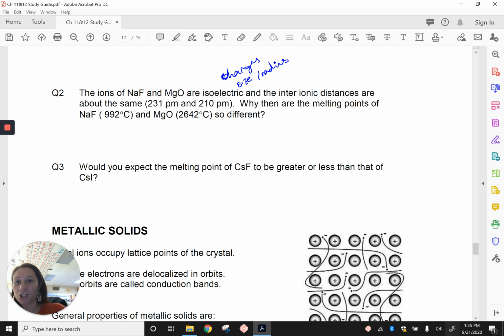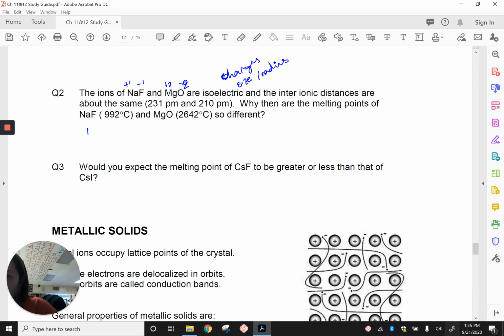So in this case, they're telling us that their inter-ionic distance, so that basically is the bond length, or the radius, is about the same. And so it must be the charge that is affecting it. So NaF has +1 and -1 charges, but MgO has +2 and -2 charges. So having such high charges causes your lattice energy to be so high.